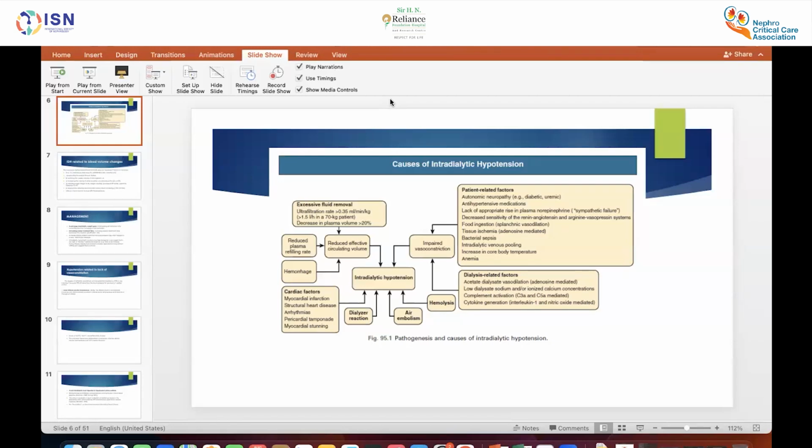Why not 5% dextrose? Why not 25% dextrose? Why not the other formulations which are usually used in hypovolemia, in the hypotension, shock scenario?